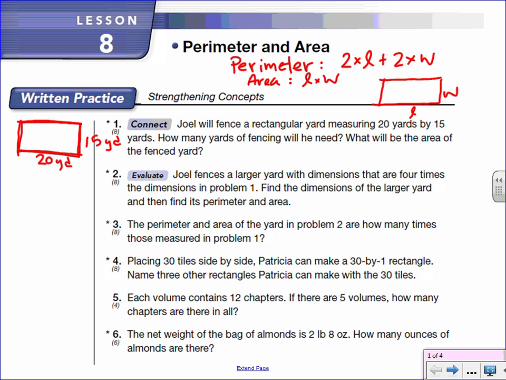We add up the two lengths, 2 times 20, and then 2 times 15, the widths. Well, 2 times 20 is 40, and 2 times 15 is 30, and 40 and 30 is 70 yards of fencing he'll need.